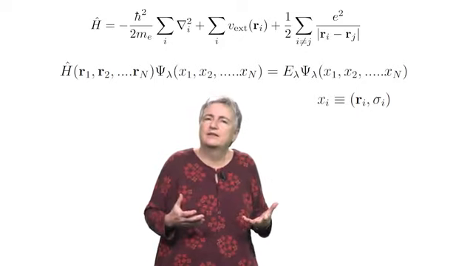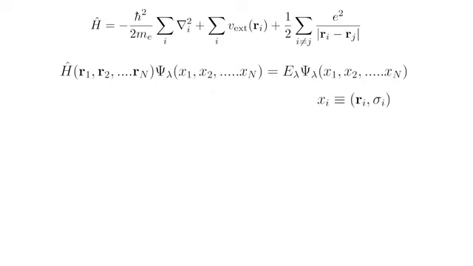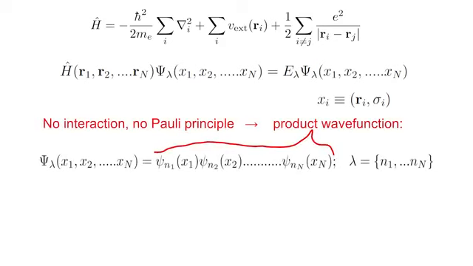Can we simplify this? When electrons do not interact, we have N single electron problems. If we also forget the Pauli principle, this means that the many-body wave function is simply a product of N arbitrary one-body wave functions. This looks quite tractable.